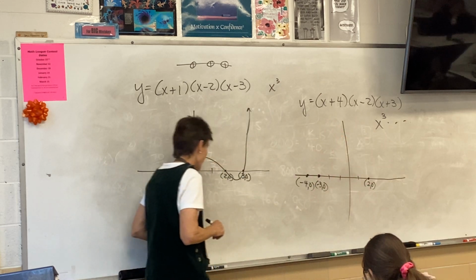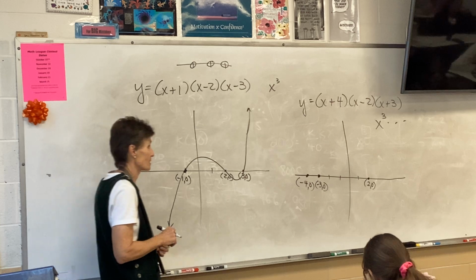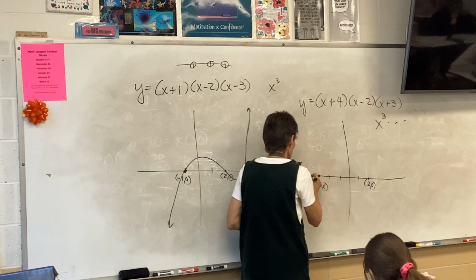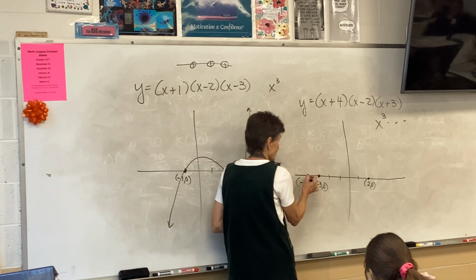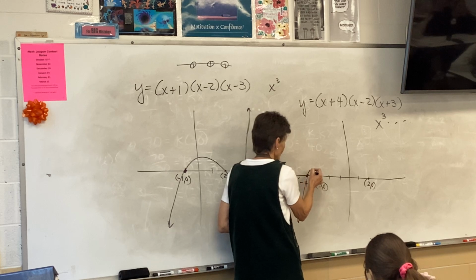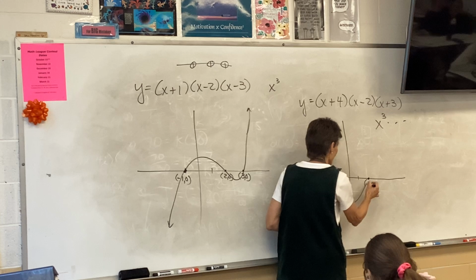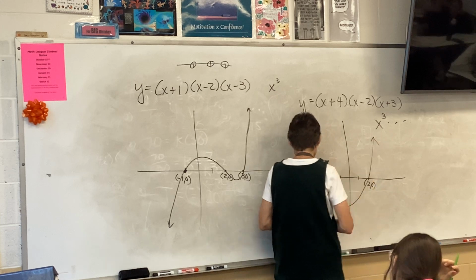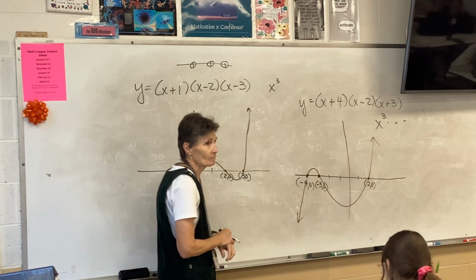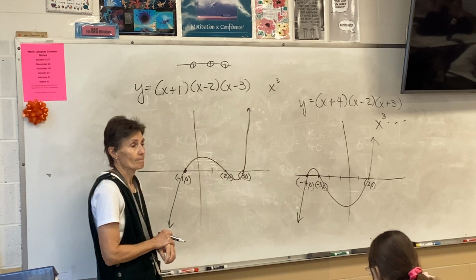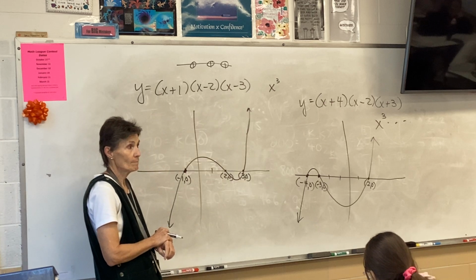And positive x cubes look like this. So it starts down here. When it gets to that point, it's gonna go through and connect, go through and connect and shoot up into space. Okay?